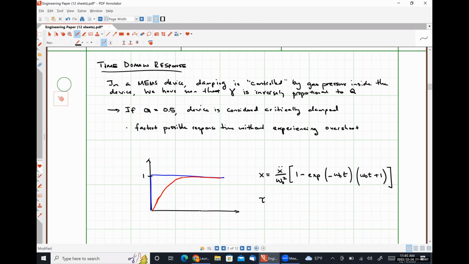And tau, which is not going to be strictly a time constant here, so let me define this.